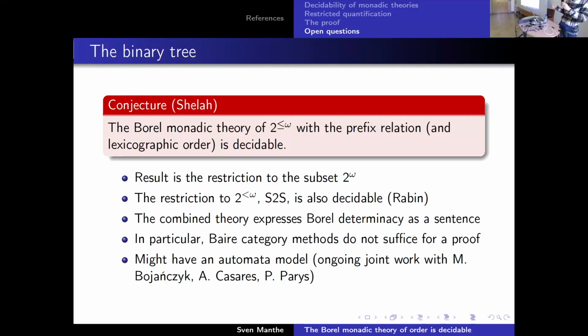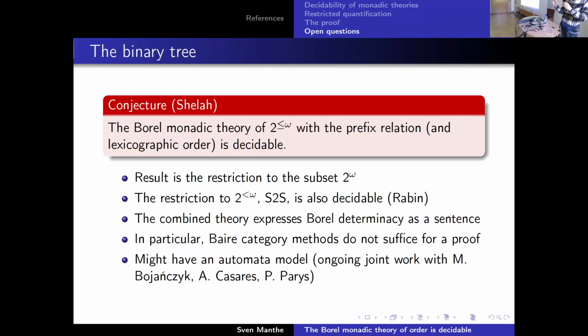And then the monadic theory of order will just be the restriction of this to the subset of branches, because I mentioned that the monadic theory of order of the reals or the Cantor set with the lexicographic ordering is essentially the same. In contrast, the restriction to just the finite nodes, which is S2S, has been shown decidable using tree automata by Rabin.